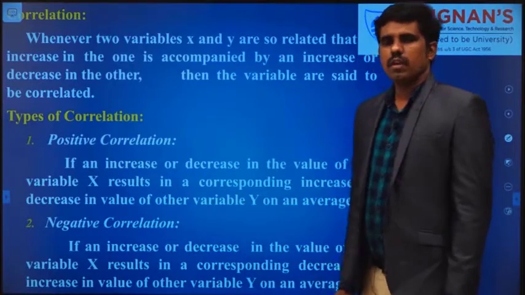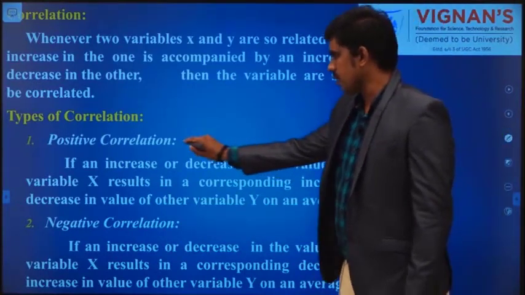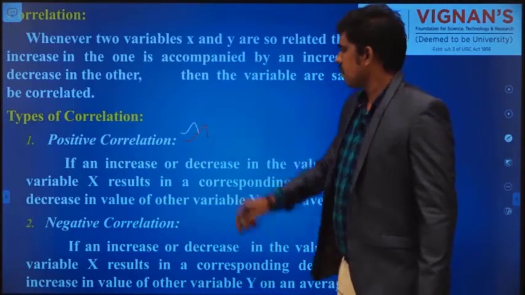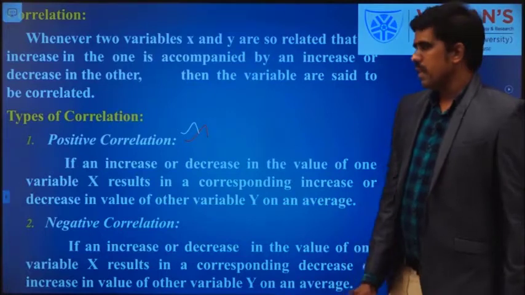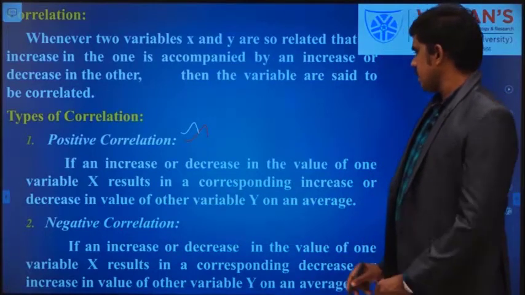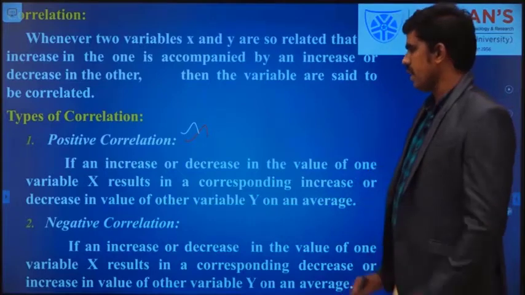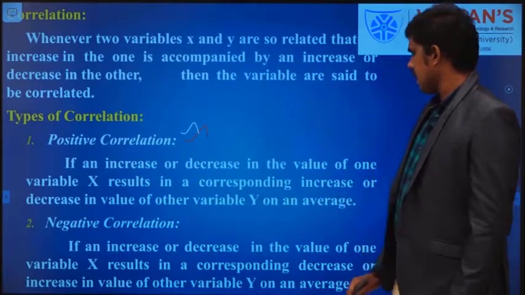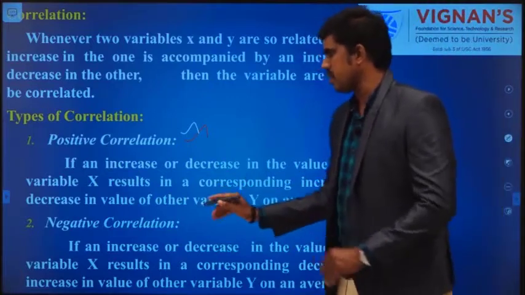Now look at the types of correlation. First one is positive correlation. Positive correlation means an increase or decrease in the value of one variable x results in a corresponding increase or decrease in the other. How do you take this?